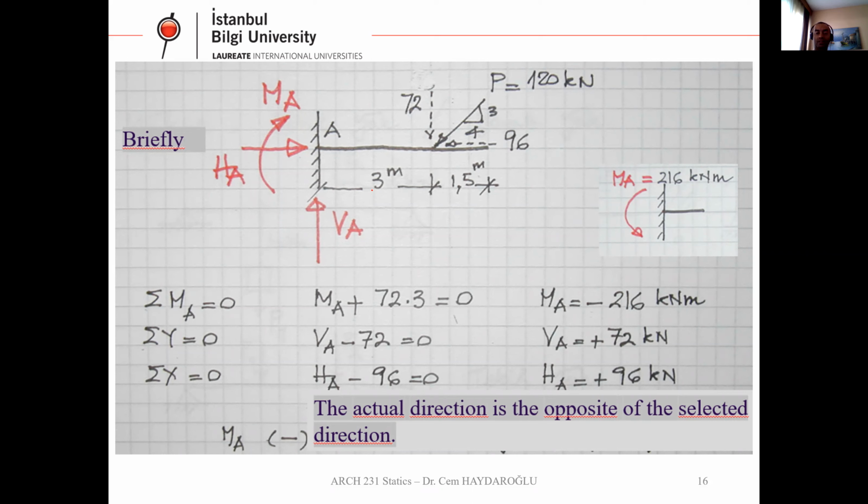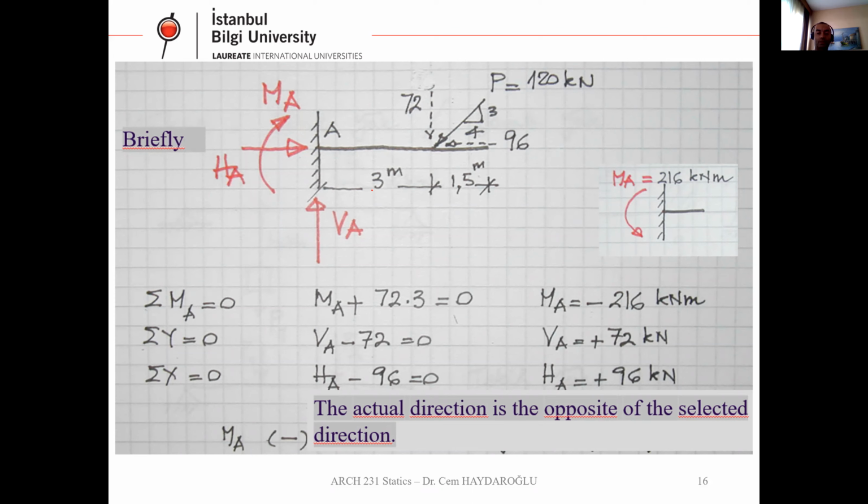With this 3, 4, 5 triangle and the proportion of these numbers, you can calculate the vertical force is 72 kilonewton and the horizontal force is 96 kilonewton.